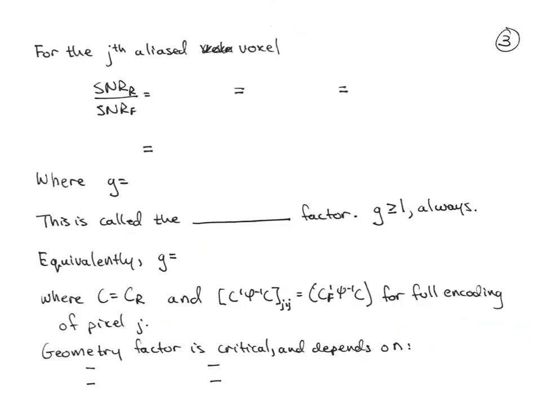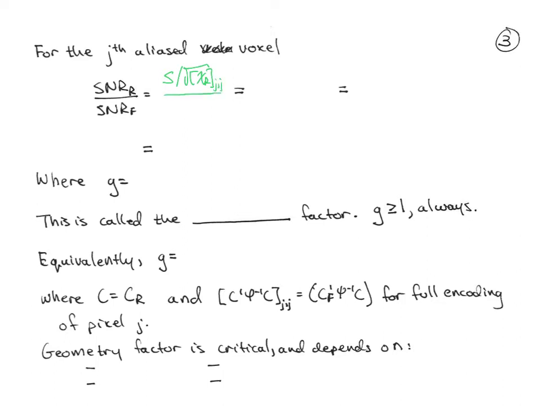So let's look more specifically at a single voxel here. The SNR of the reduced acquisition again will be S over the square root of chi sub r evaluated at the jth location, right?